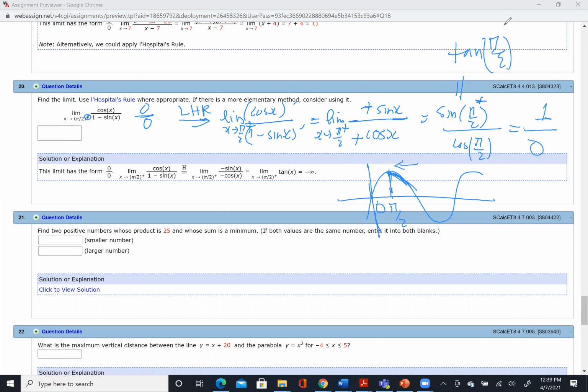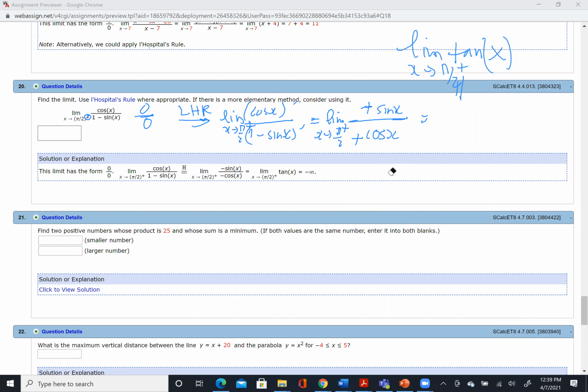You can just write it as the limit of tangent of x as x goes to pi over 2 from the right hand side.